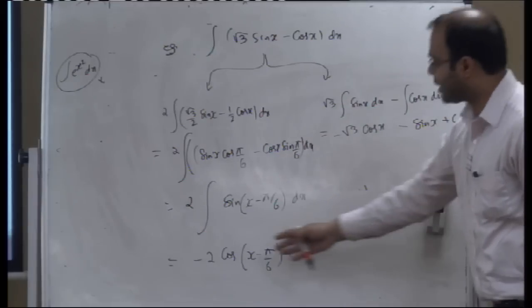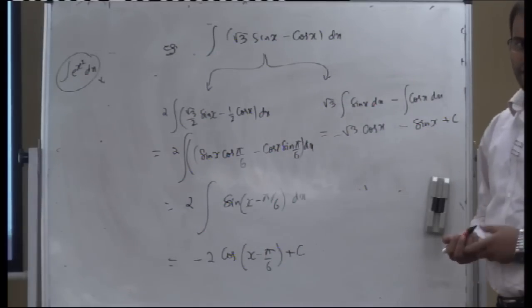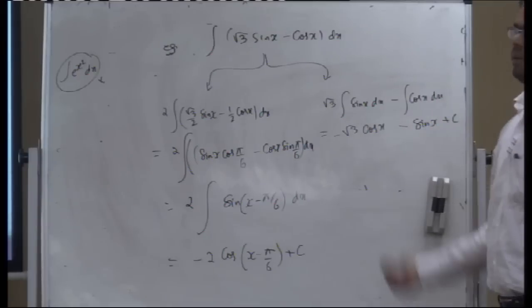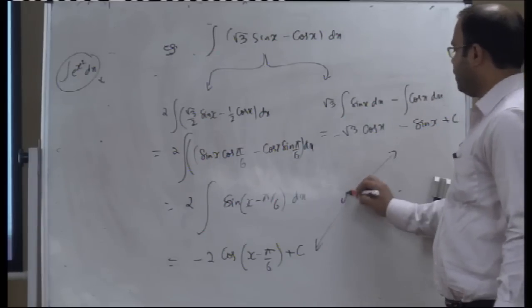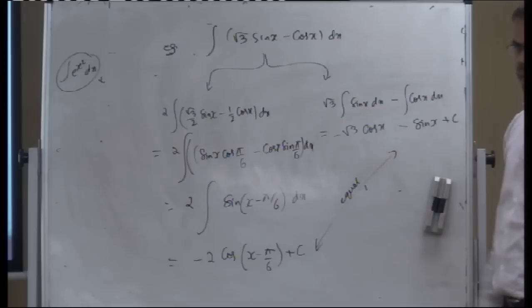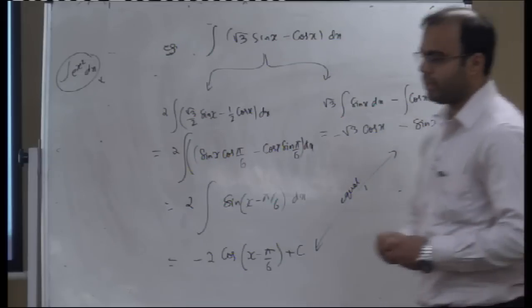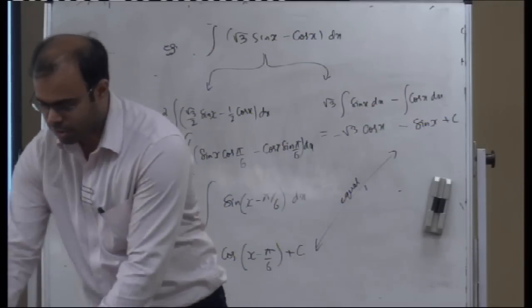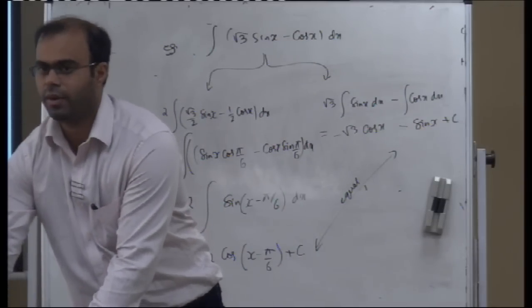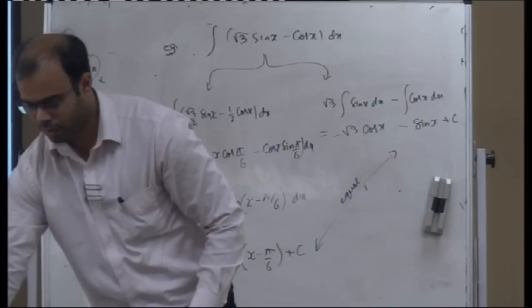When you expand this by the formula for cos of (a minus b), you will get the same term as this one. This and this are equal. So you can use either of these methods and you get the answer. Now if there are any options given, you have to take care that one of those forms has come.